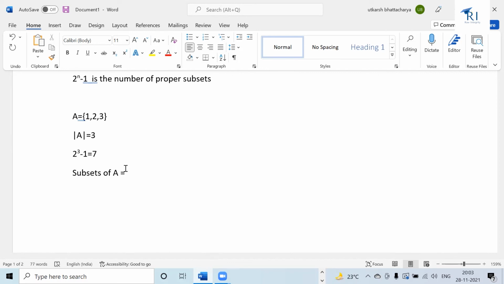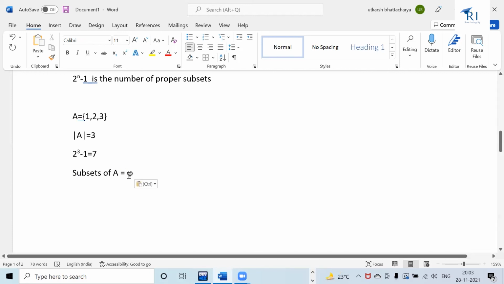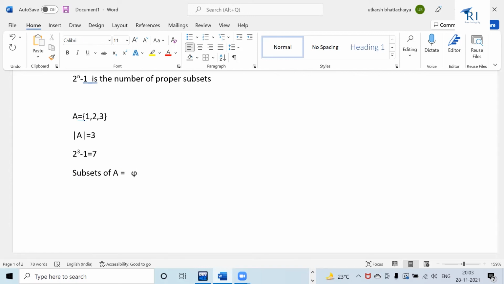So first we have phi. This is the empty set. That means it has no element. Now this is also considered when we write any set. First is phi, then next is 1, next is 2.